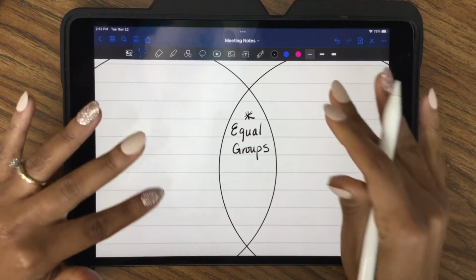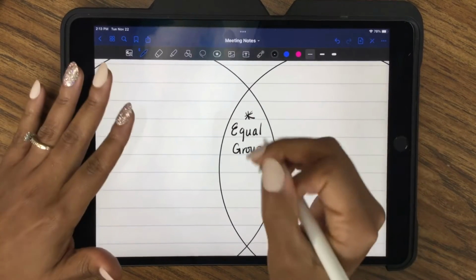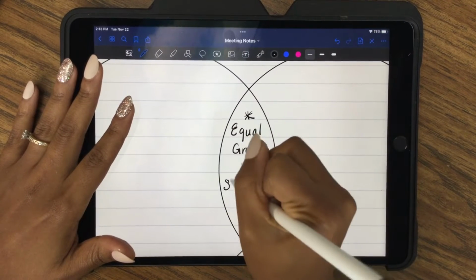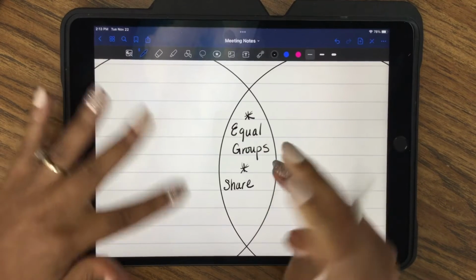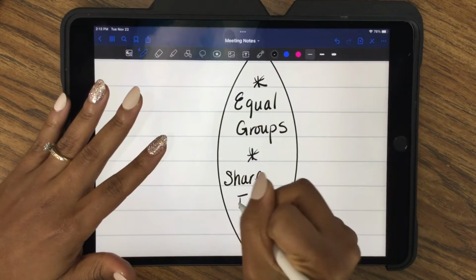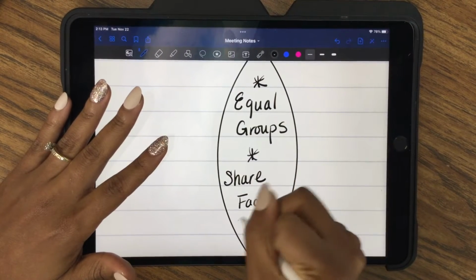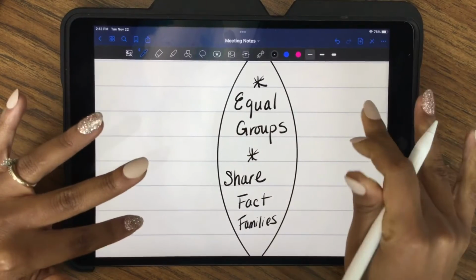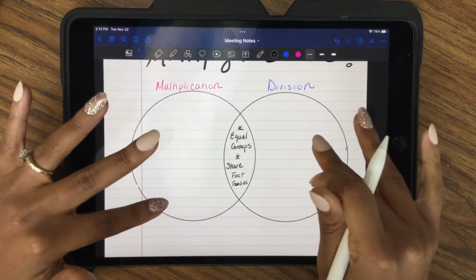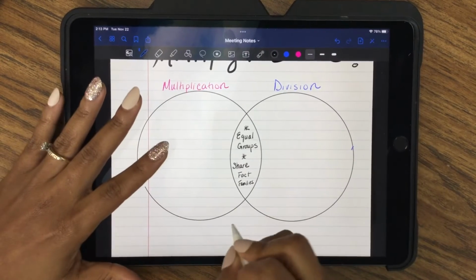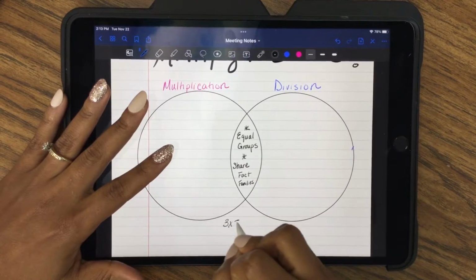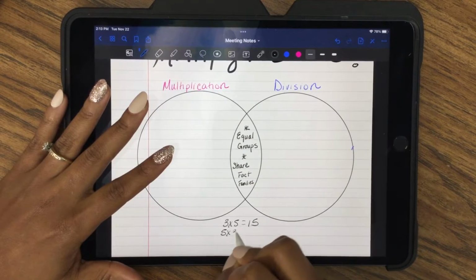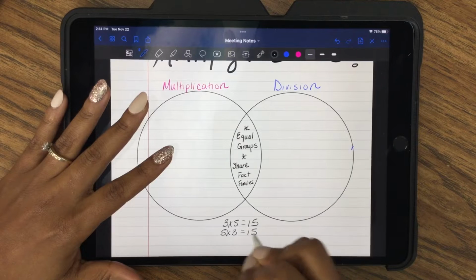Then another similarity that they have is that they share fact families. And what I mean by that is, let's take 3 times 5, for example, is 15. 5 times 3 is 15.